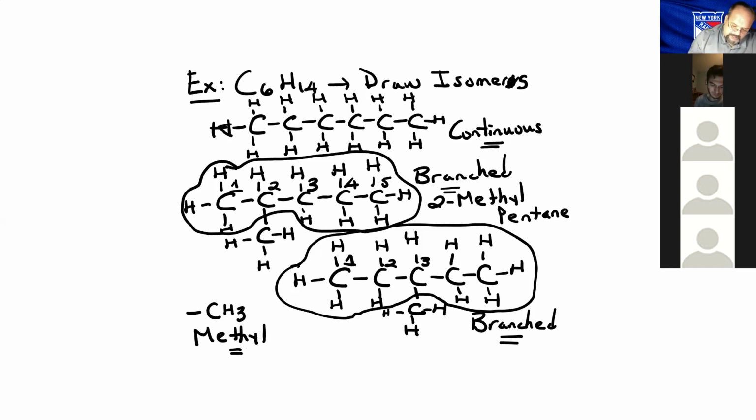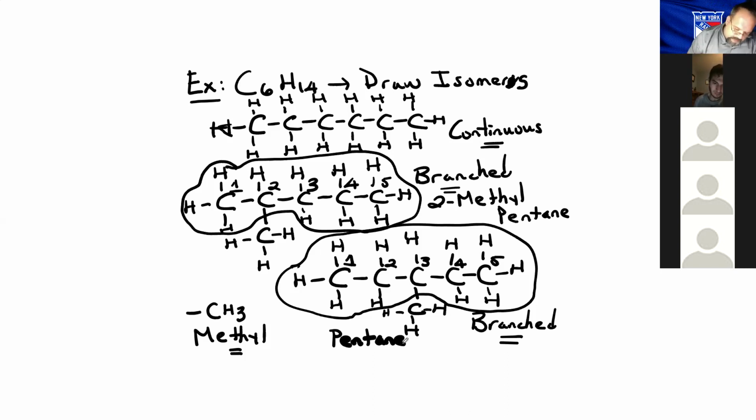For the one down here, it's still 5 carbons in a row, so the parent name would still be pentane. But in this case, whether you number it from left to right or right to left, the branch is attached to carbon number 3.